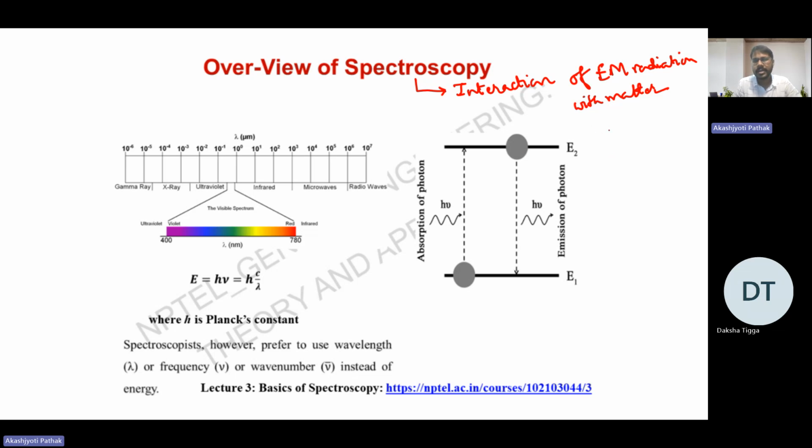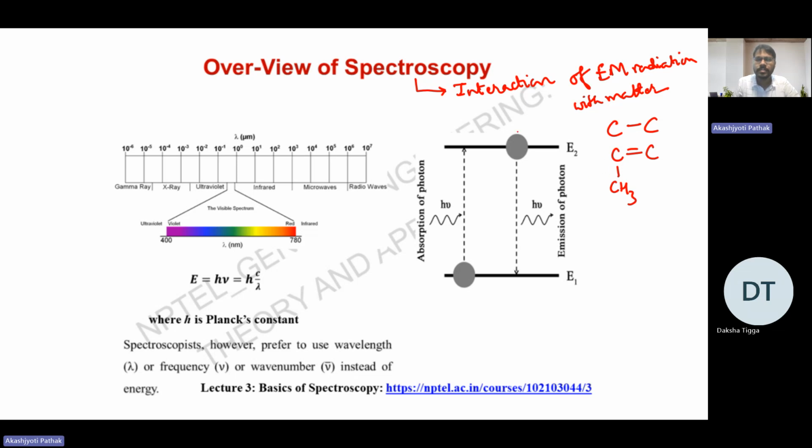Because if you see, these different biomolecules that are present, they can have a carbon-carbon single bond, they can have a carbon double bond, or they can have different functional groups attached to them. Now, each of these functional groups has particular vibrational energies. They have particular rotational energy or rotational frequencies.